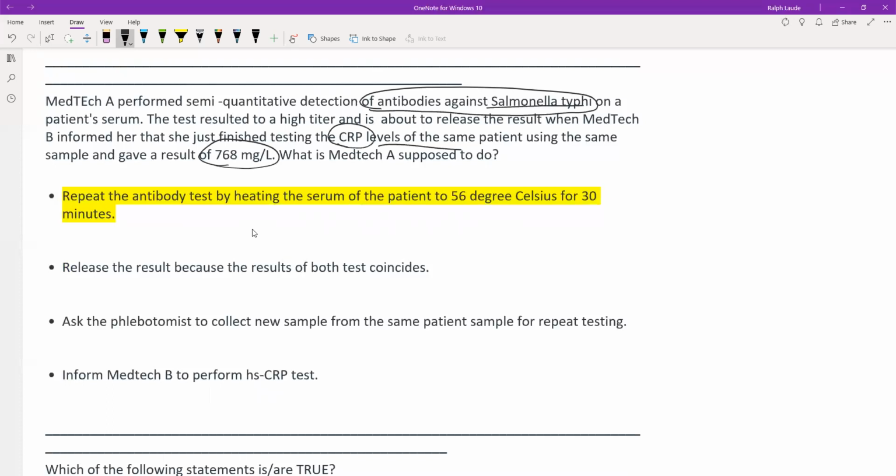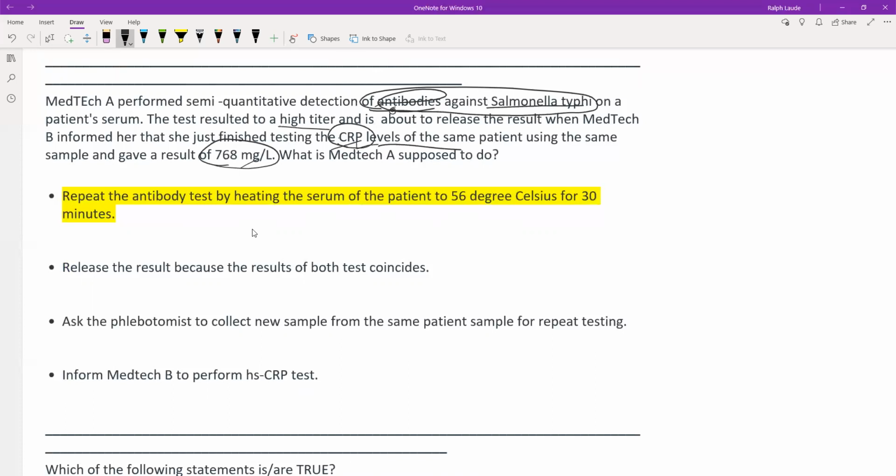But you also know that CRP is considered an interfering substance when you are examining for antibodies. So regardless of the high titer of Salmonella typhi antibodies, at the back of your mind, knowing that high CRP levels could be interfering with your testing.